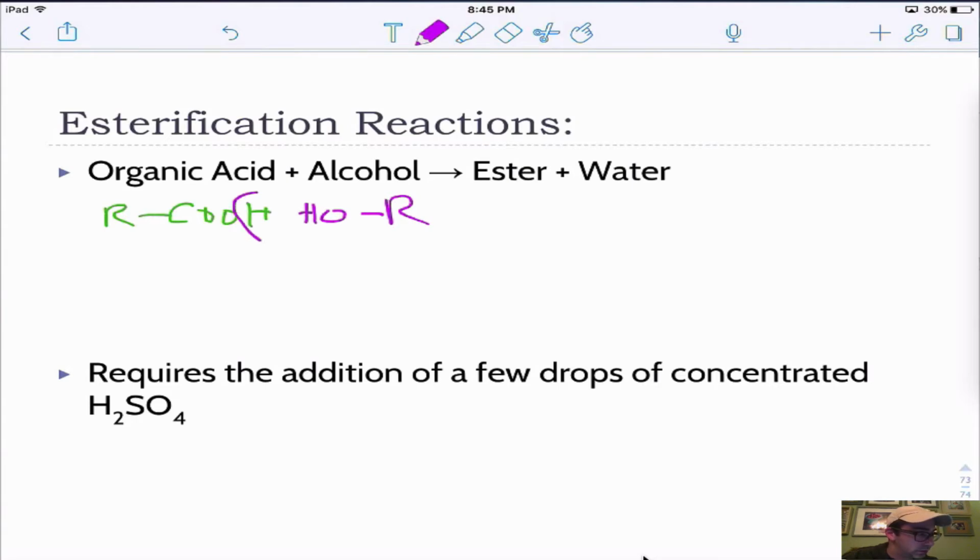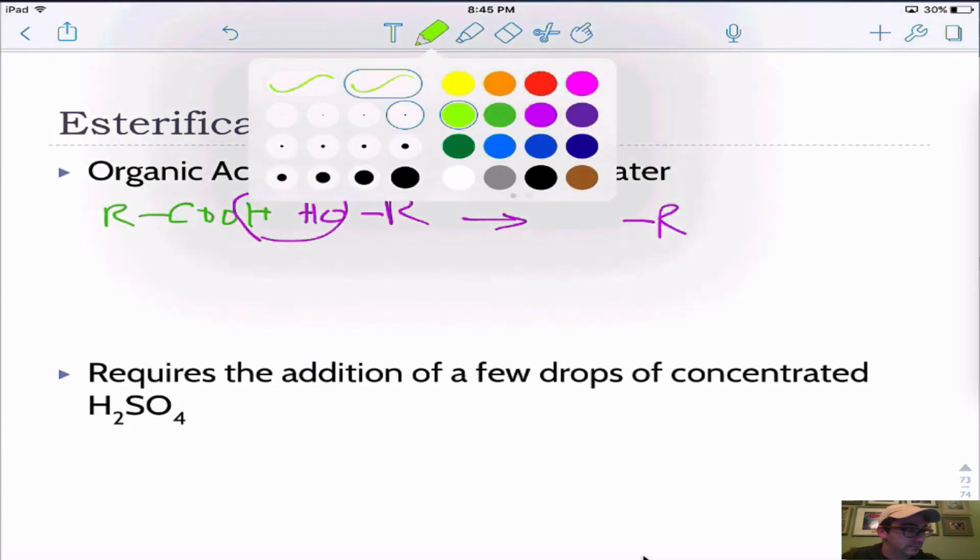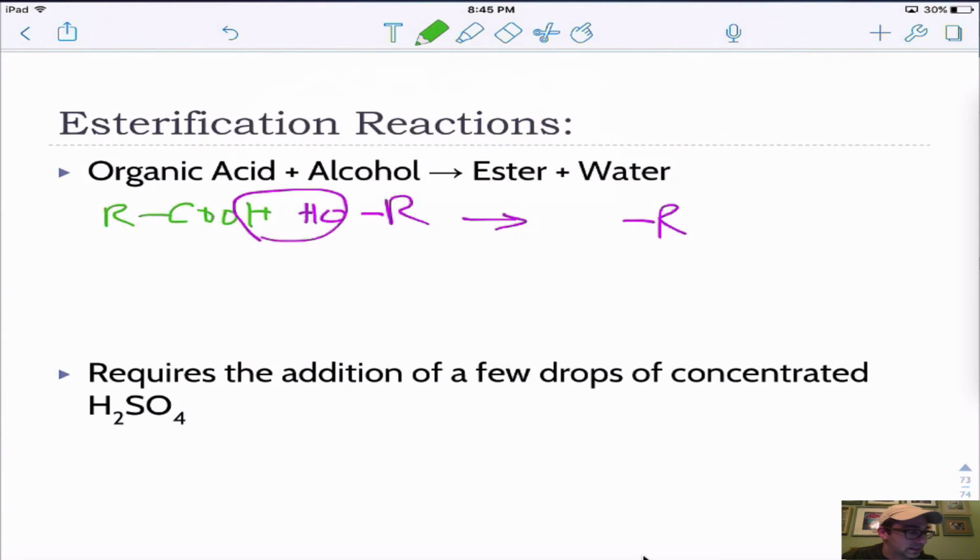You will lose water in the reaction, and then what you will get is the R from your alcohol, and then from your original carboxylic acid you'll get R, and then C, O and O like this. And so this is my overall reaction, and then the water comes out as a result.